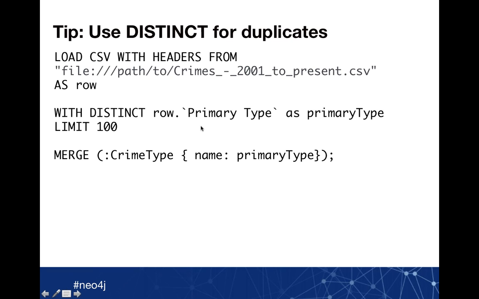So a better approach is to actually filter them out. There's a DISTINCT keyword in Cypher, and you can say, actually, I want to only pass through the distinct ones to the merge query, and that's another way of speeding things up, because you're basically saving yourself from running unnecessary operations.